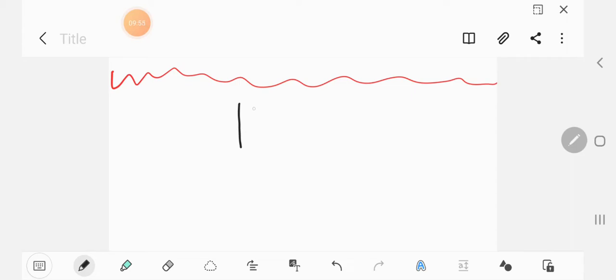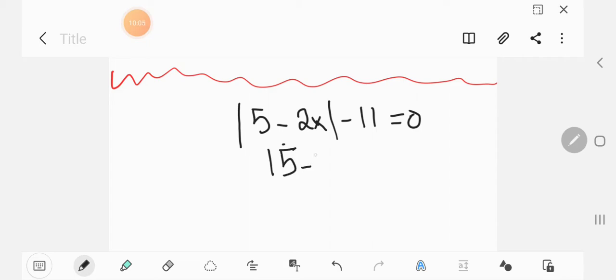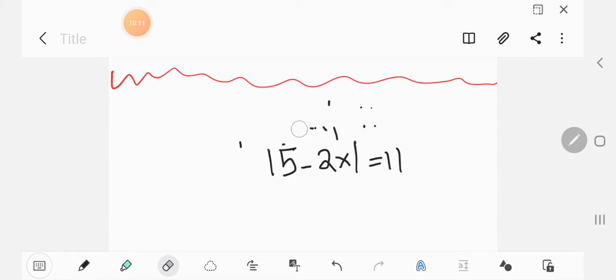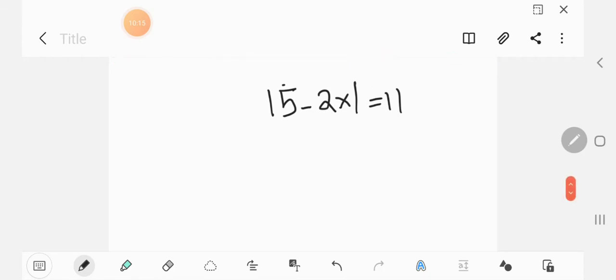Absolute value of 5 minus 2x minus 11 equals 0. We are going to make it absolute value. It's not 1, it's absolute value equal 11. How can we solve it?